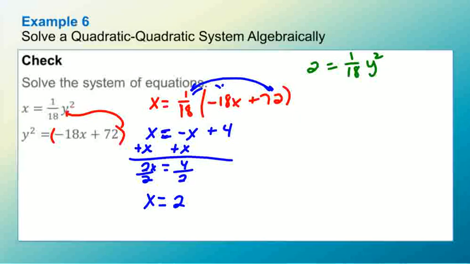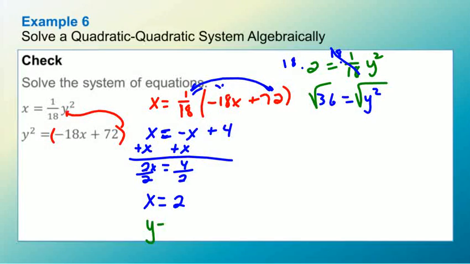To get the y squared by itself, I'm going to multiply by the reciprocal, so multiply by 18 on both sides. And I get 36 equaling y squared. I find the square root of both sides, and I get 2 roots: a positive and a negative 6.